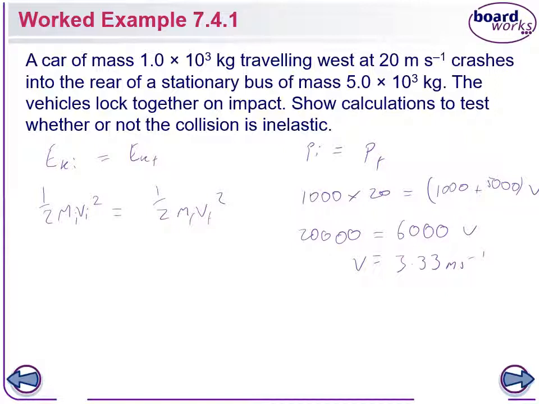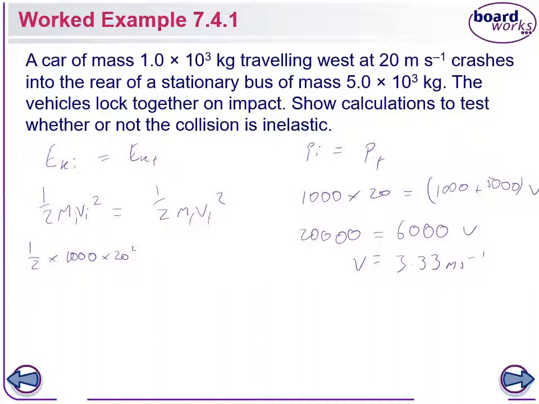Now we know the final velocity of everything after the collision, so we can work out our equation up here. Our initial kinetic energy is 1/2 times 1,000, because again the car is the only thing with kinetic energy in the beginning, multiplied by 20 squared.